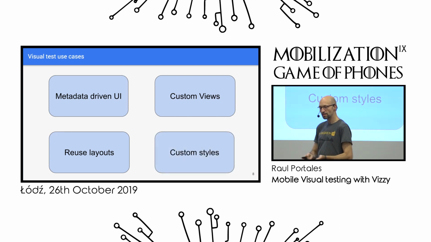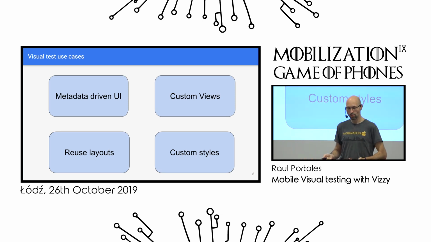Or maybe you just use styles, which you should all be using. So if you change a particular attribute in a style, you want to be sure that all the screens affected are surfaced and you know exactly what is being changed. Because quite often you use styles in places where you are not actually aware that you are using them.